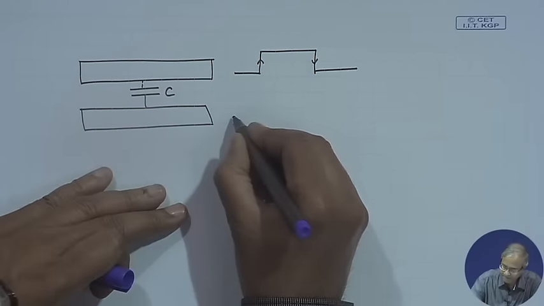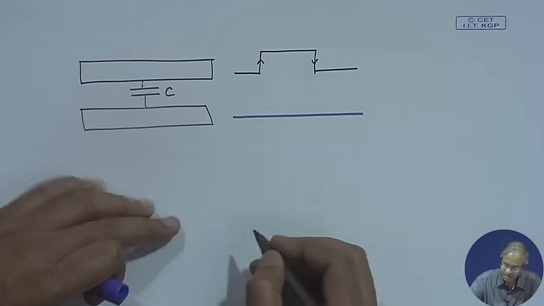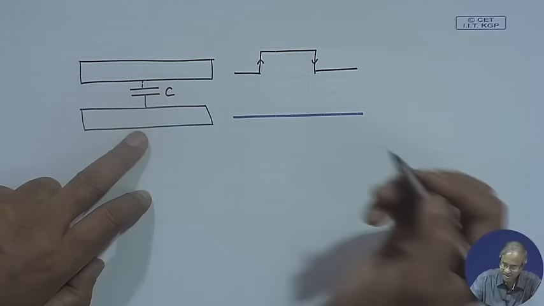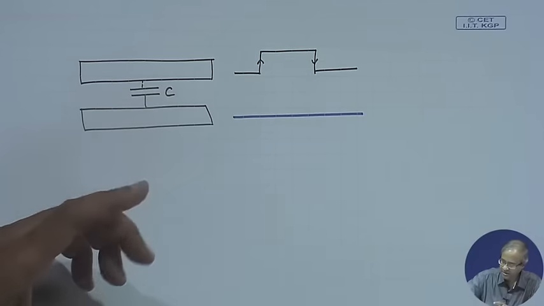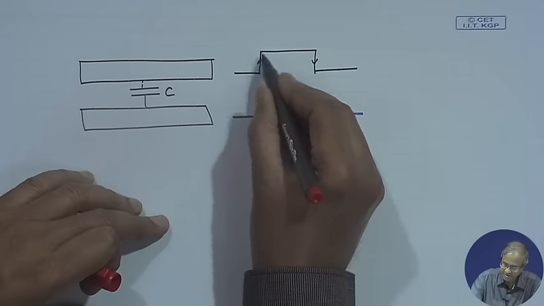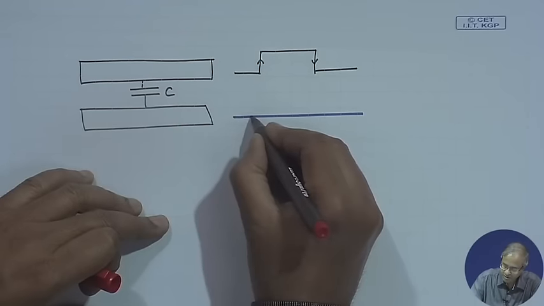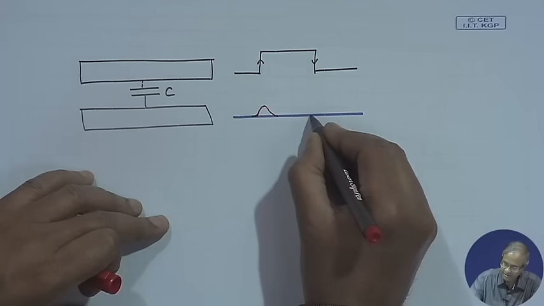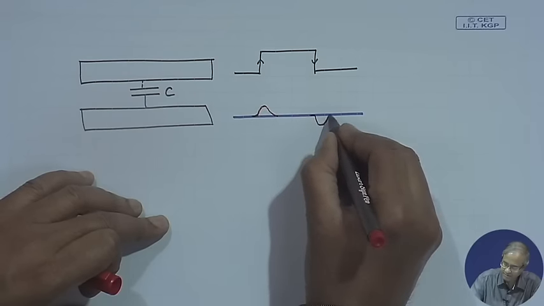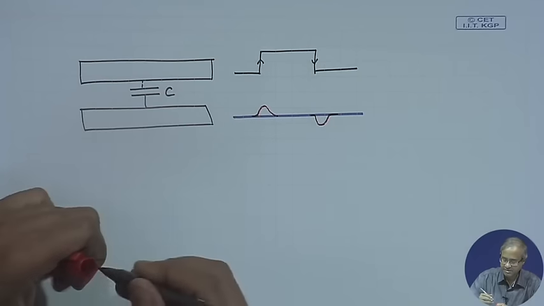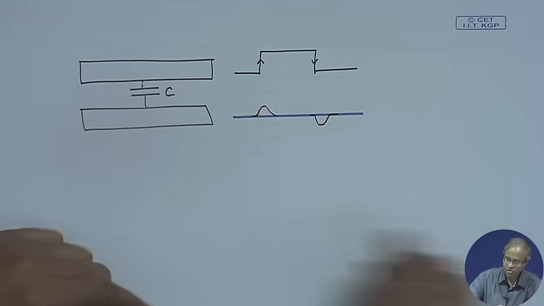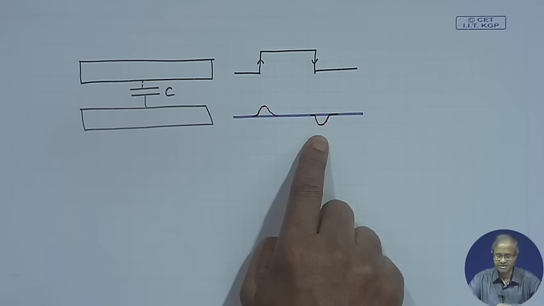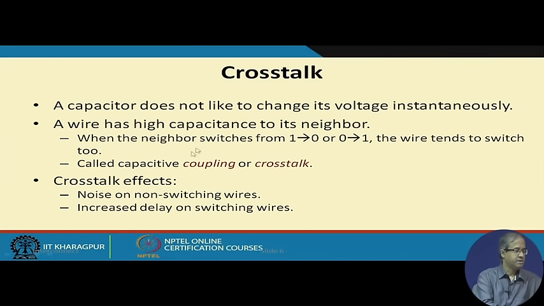But because of this capacitive effect, whenever there is a sudden rise in the other line, here also there will be a disturbance like this, again here there will be a disturbance like this. This is what is called the crosstalk effect between lines, right. This is capacitive coupling or crosstalk.